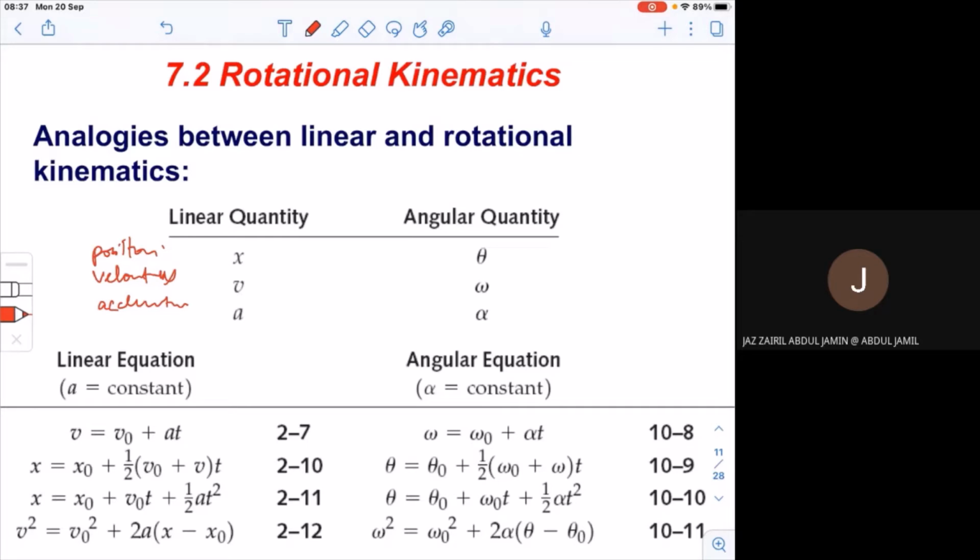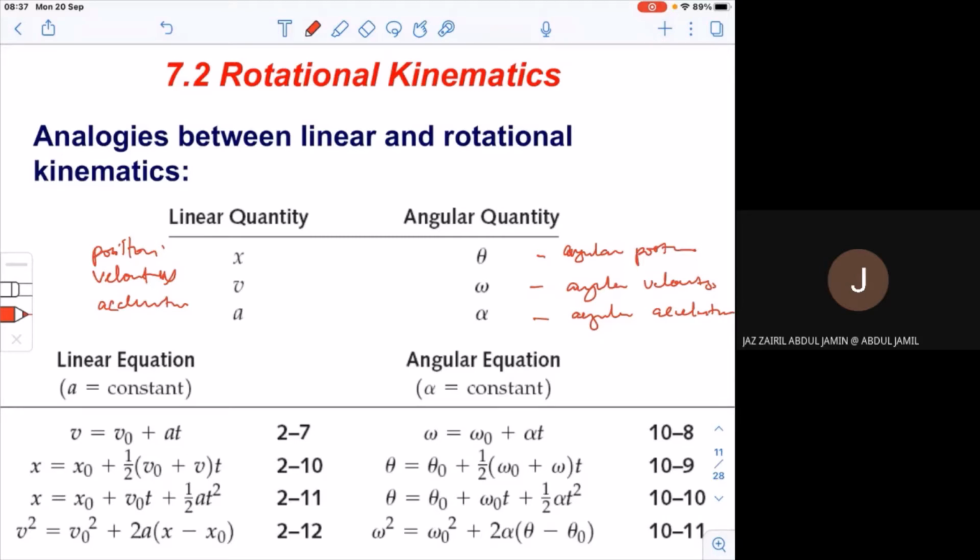The same happens with angular quantities: this is what we call angular position, this is angular velocity, and this one is angular acceleration.